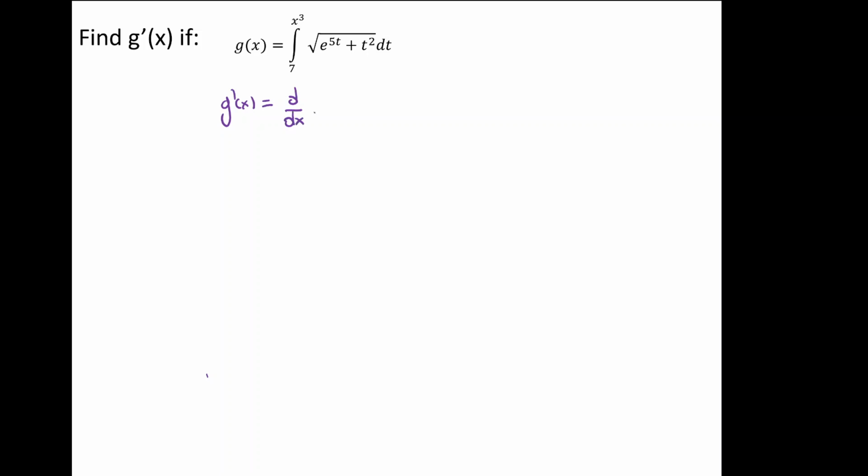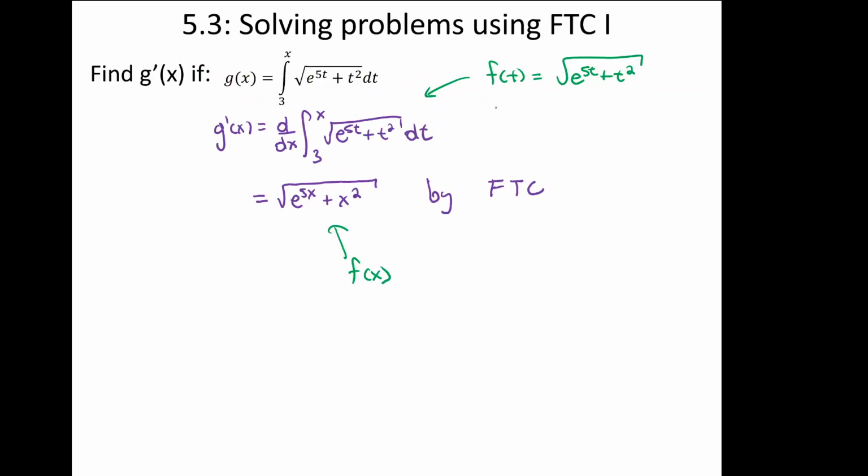We're going to take the derivative of this, d by dx, 7 to x cubed of the square root of e to the 5t plus t squared dt.